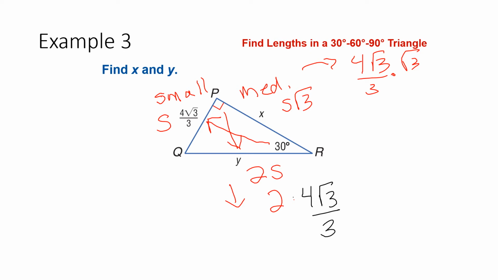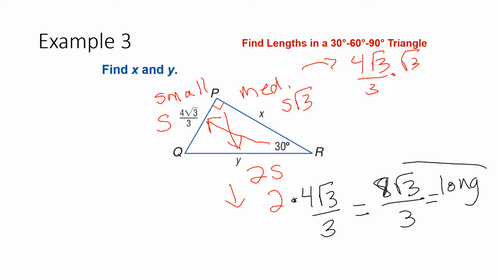The long side is probably the easiest one to do because 2 times 4 square roots of 3 is 8 square roots of 3 divided by 3. And that is the long side.